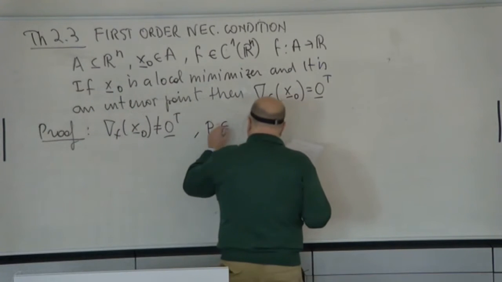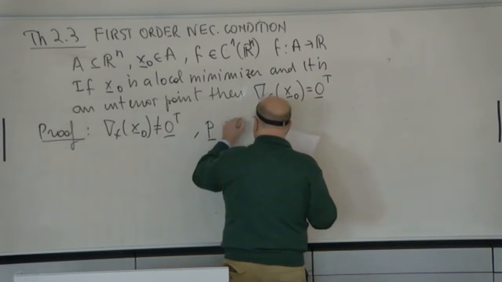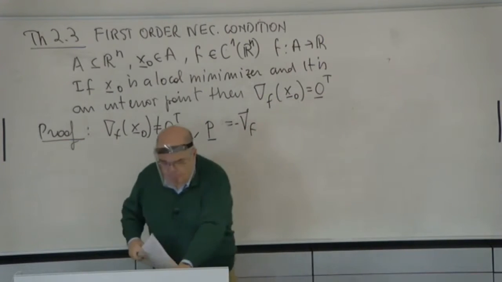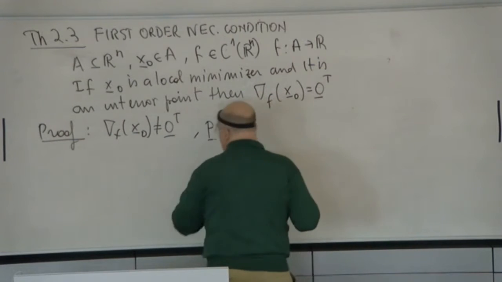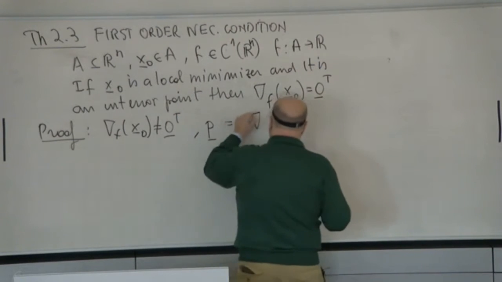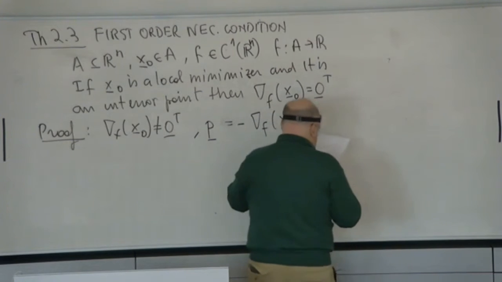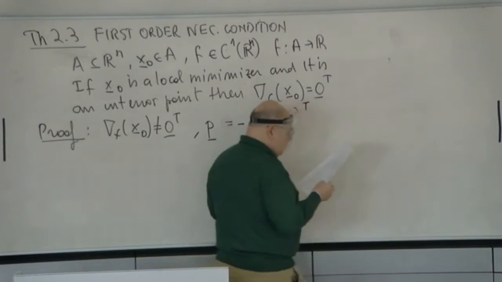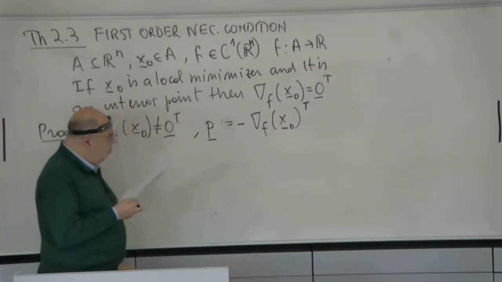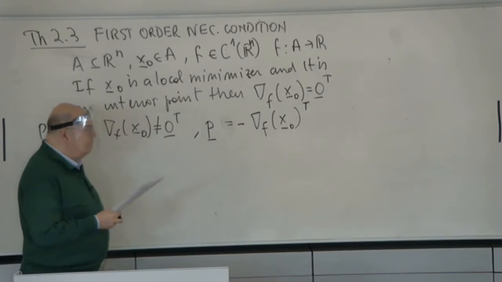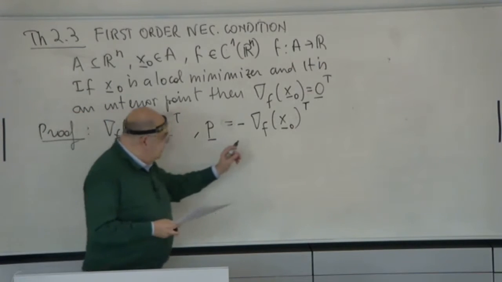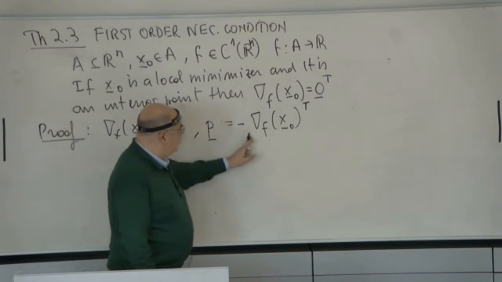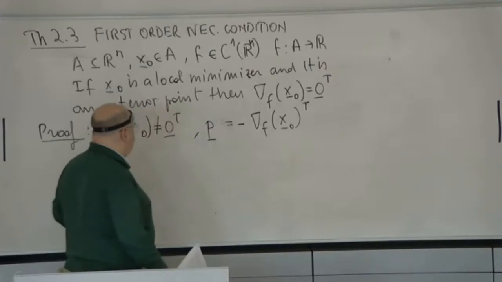This is a proof by contradiction. So we take a direction, a vector p, which equals negative the gradient of F at x0, transpose. I remind you that the gradient is a row vector, so that's the reason why when I set a vector, I need the transpose to get a column.